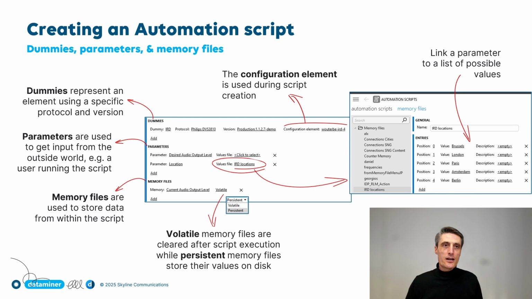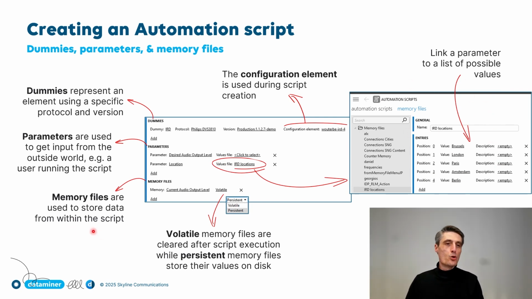Instead of really hard coding it, we will be using dummies. I've talked about the dummies, an optional configuration element, not that important, more for, for instance, a matrix. The input I need from the user is what they want as a new value. And optionally, I want to limit their choice with a possible values file, which I configured in the memory files editor.